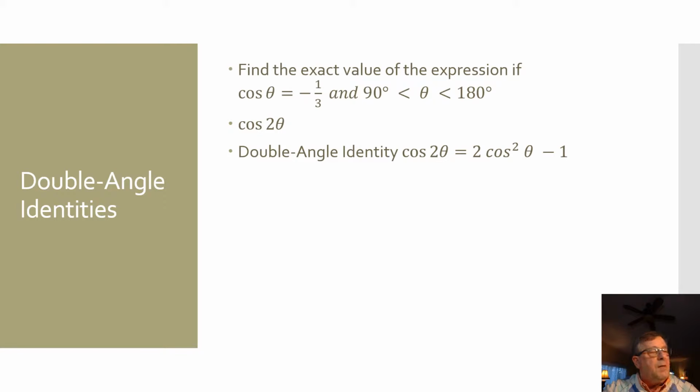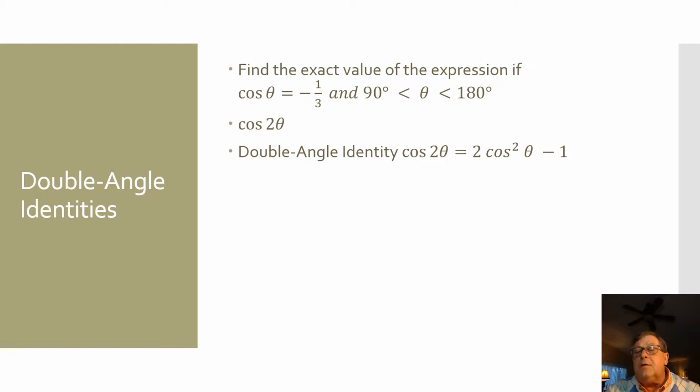That's one of the 3 double angle identities we could use to find the double angle of cosine. And since what we know is the cosine, I'm just sticking with this particular one.